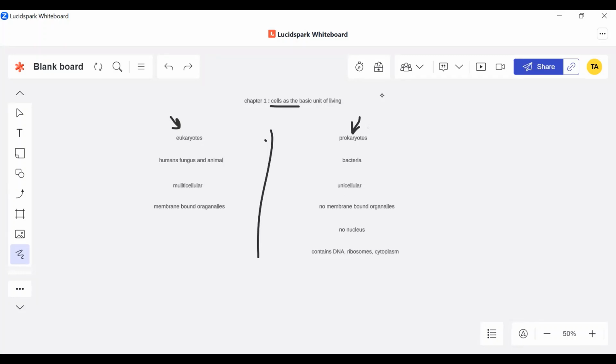All right. And the third difference is that eukaryotic cells have membrane-bound organelles. What do I mean by organelles? Organelles are the organs of our cell. So just like us, humans have different types of organs. We have kidney, we have stomach. Just like that, our cells also have organs, and we call these organs organelles.